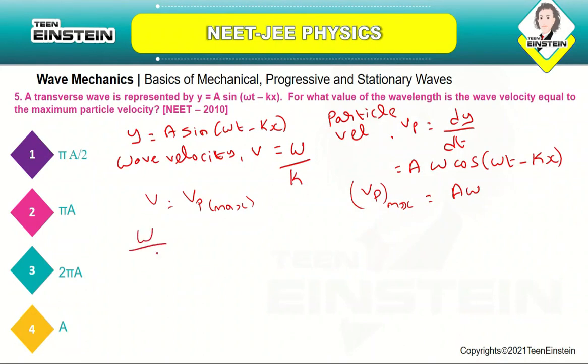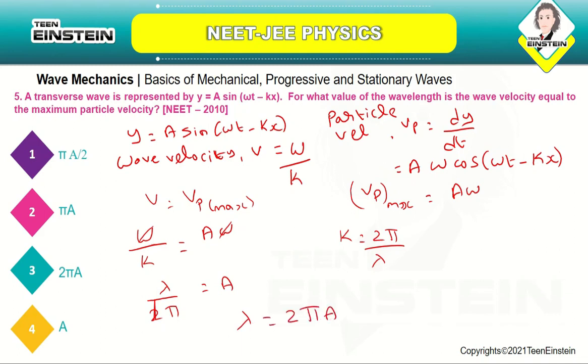So omega by k is equal to a omega. Omega will get cancelled, and we all know that k is equal to 2 pi by lambda. So this will become lambda by 2 pi is equal to a, or lambda is equal to 2 pi a.